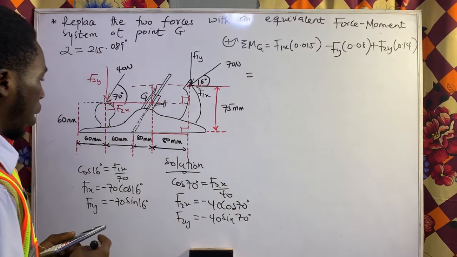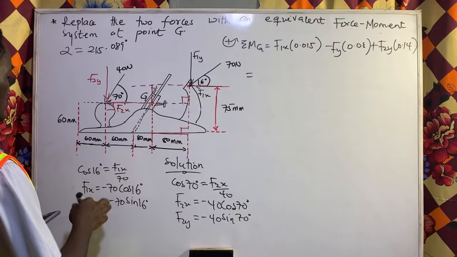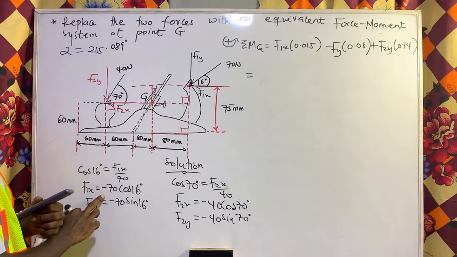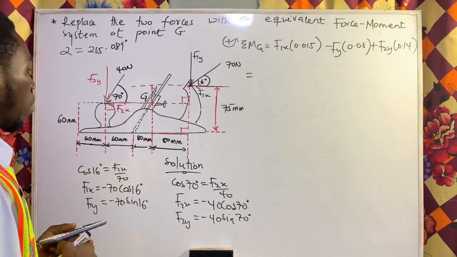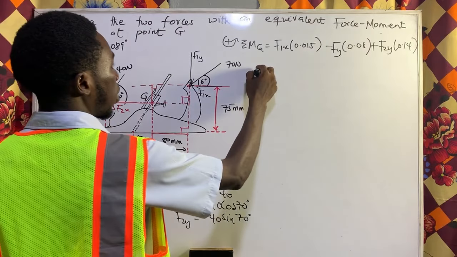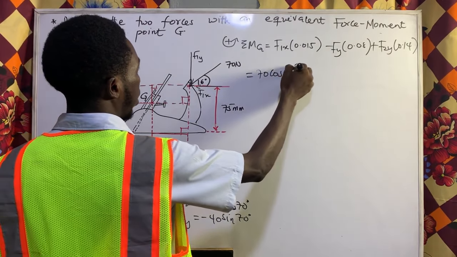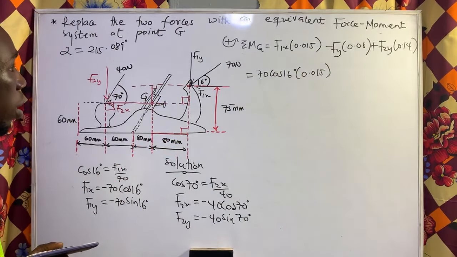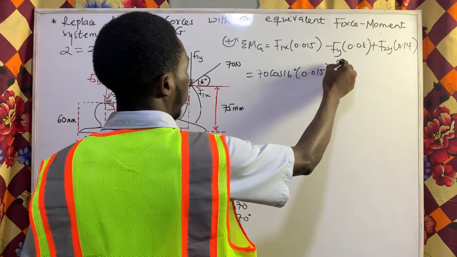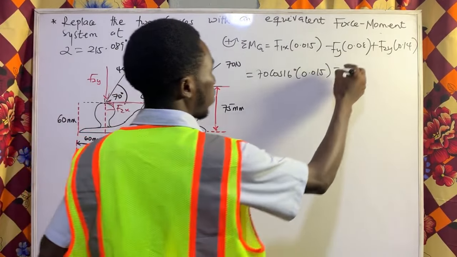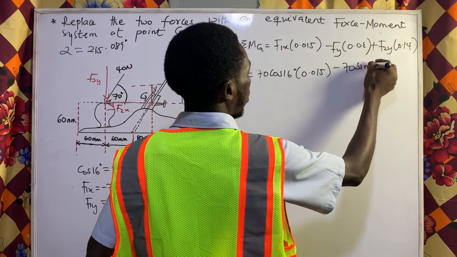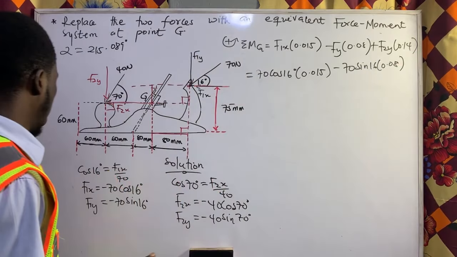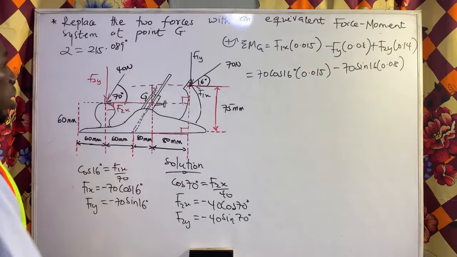Now let's substitute the values and get our answer. You know F1x to be minus 70 cos 16 degrees, but in this case we ignore the negative; we don't include it. So we have 70 cosine of 16 degrees multiplying 0.015, and then minus F1y, which is 70 sine 16 multiplied with 0.08. We know it is negative because it is a clockwise moment.